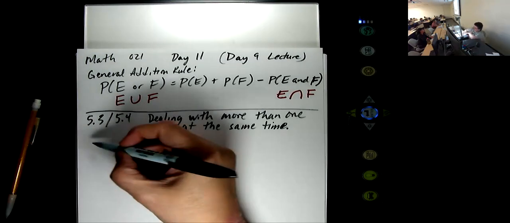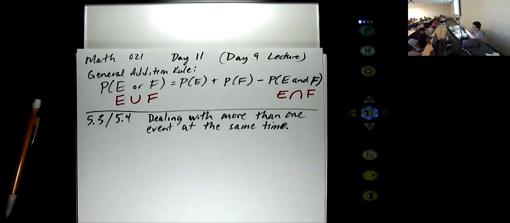So 5.3 is on when the events are independent.